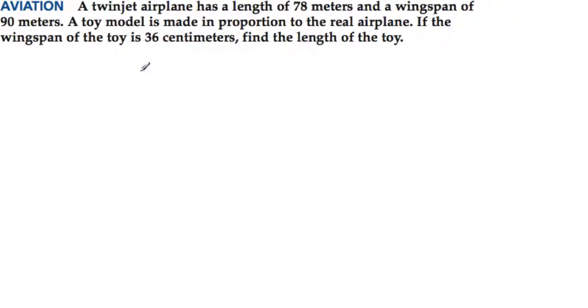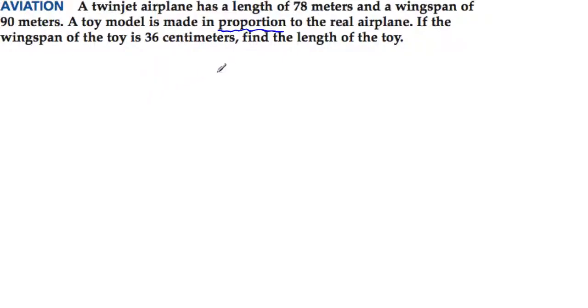Next up, we have a twin-jet airplane that has a length of 78 meters and a wingspan of 90 meters. A toy model is made in proportion to the real airplane. If the wingspan of the toy is 36 centimeters, we want to find the length of the toy.